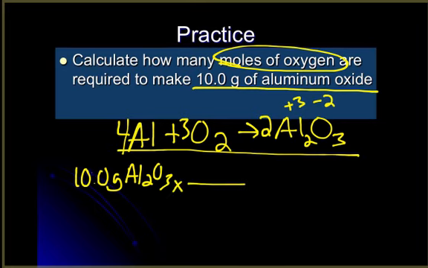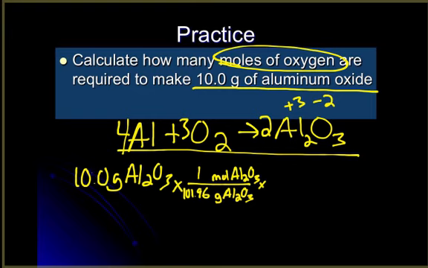Again, the only thing I can convert grams into is moles. One mole goes here. Al2O3, do the molar mass, 16 times 3 plus 26.98 plus 26.98. 101.96 for those of you keeping track at home.